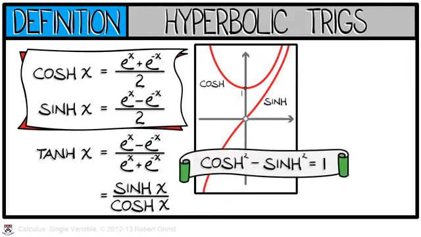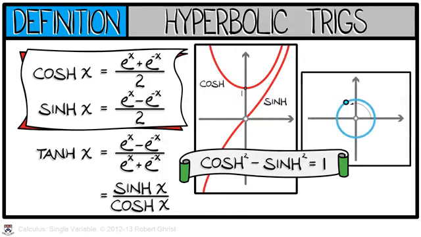Now, some of the rules that you're familiar with from trigonometry hold in this hyperbolic setting, but with a bit of a twist. For example, cosh squared of x minus sinh squared of x is equal to 1. One can compare that with the familiar formula cosine squared plus sine squared equals 1. What does this formula mean? Well, we know the relationship between cosine, sine, and points on a unit circle.